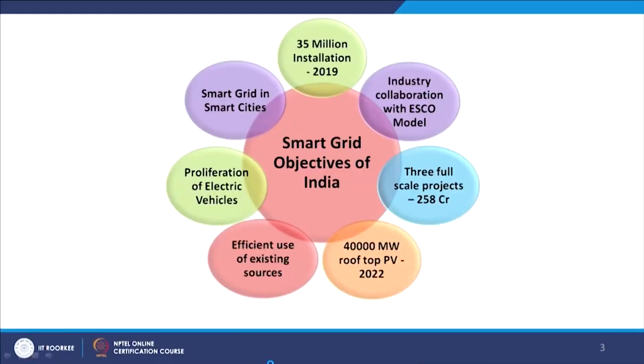Three full-scale projects on smart grid executed by spending 258 crores by now, 40,000 megawatt rooftop PV expected by 2022, effective use of existing sources, and proliferation of electric vehicles, which are coming in a big way.